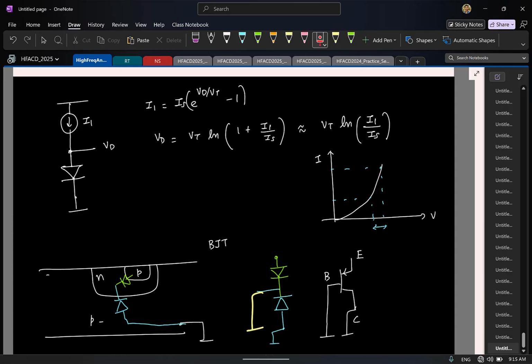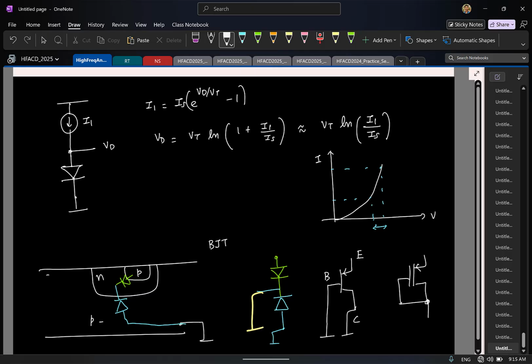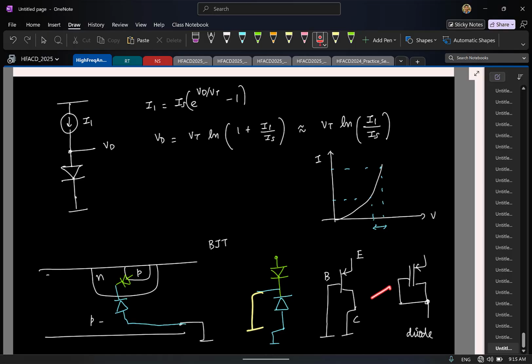In fact, this is how the name diode connection came. Remember, if we have a MOSFET like this, we typically call this a diode connected structure. That came because when we did the same thing with a BJT, shorting base and collector, you essentially bypass the other diode and end up with a single diode. So that name kind of stuck.